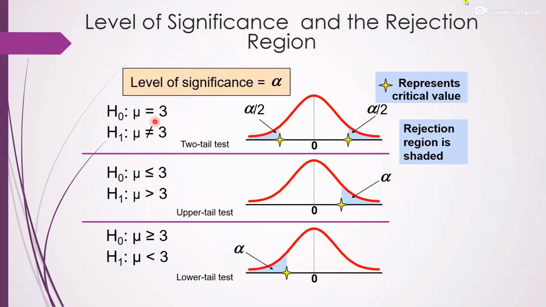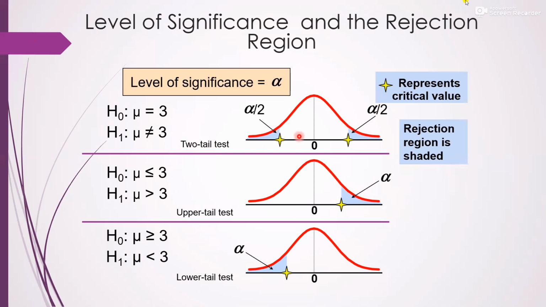For example, our null hypothesis is mu equal to 3 and the alternative is mu not equal to 3. If your alternative hypothesis has a not equal sign, then that test is called a two-tail test.